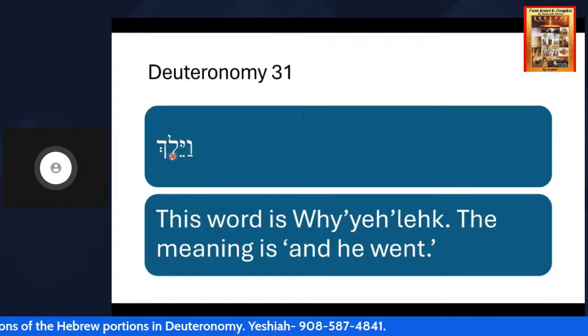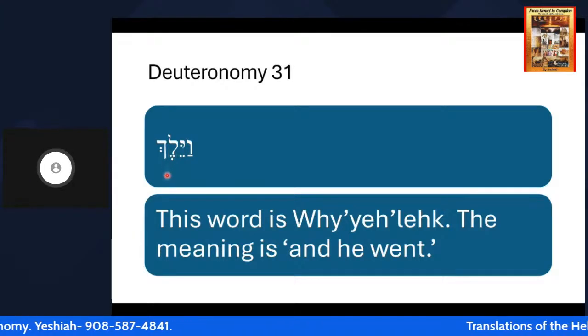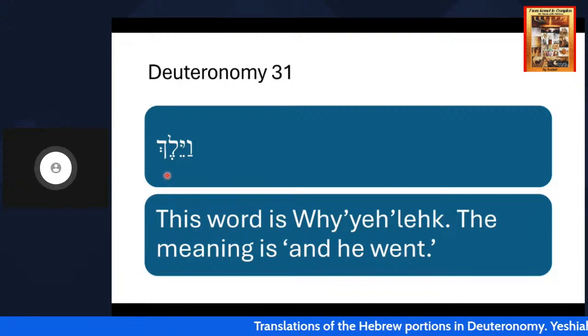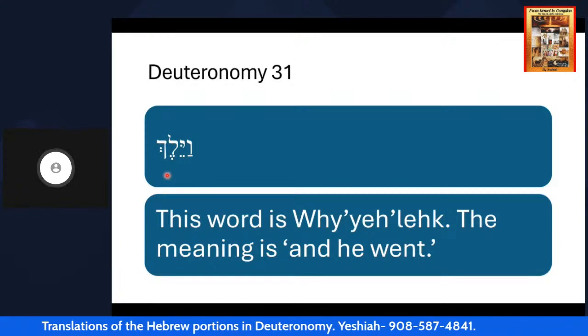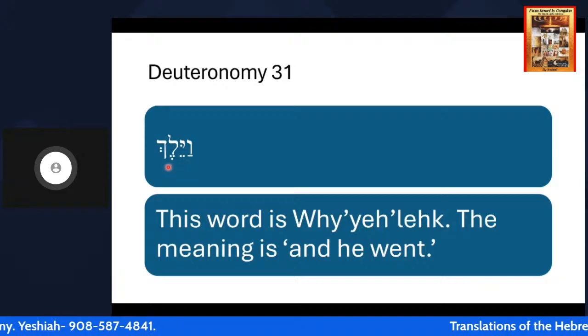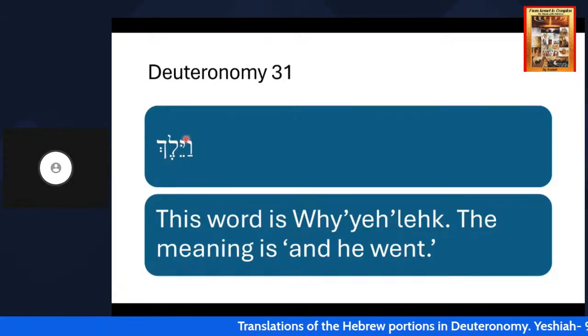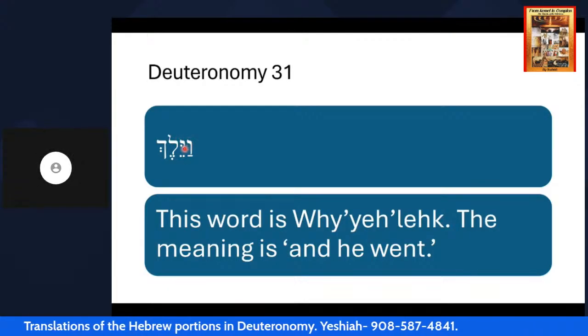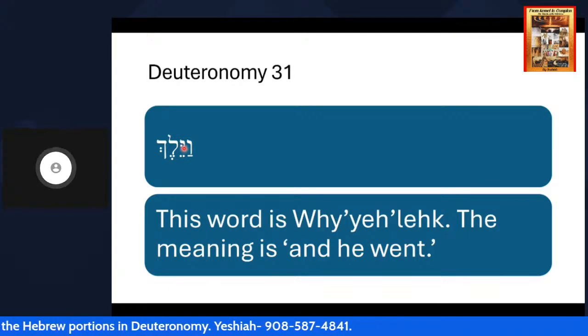The word yelek means he will go. But when you have what is called the wow consecutive in biblical Hebrew, also known as the wahakipuk, we have it to where it is, and he went. That yod that we see there with the laser pointer serves, if we will, as a prefix.